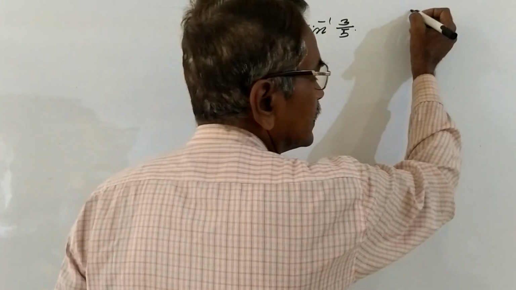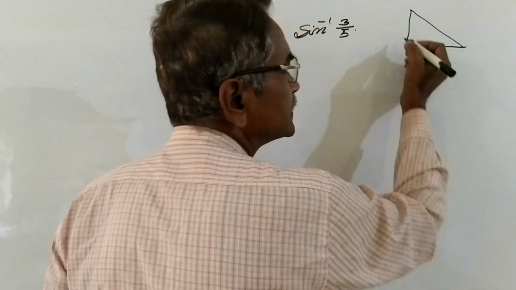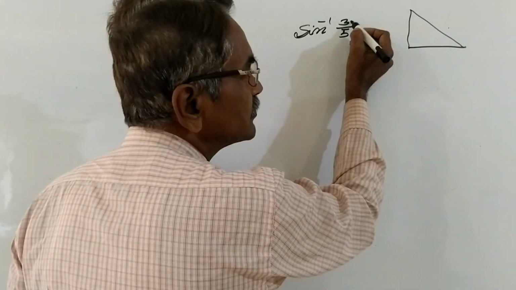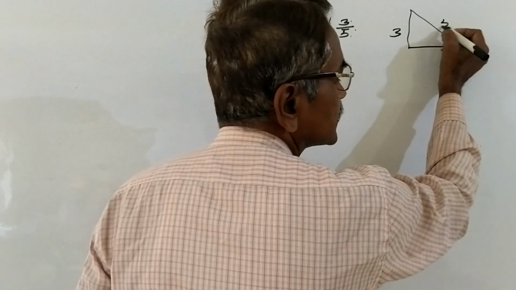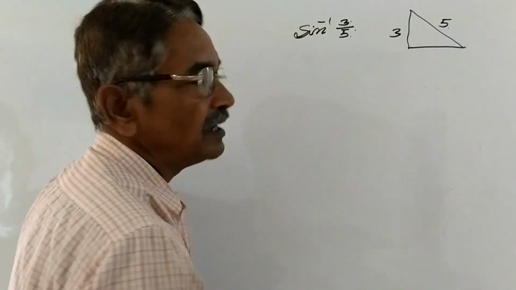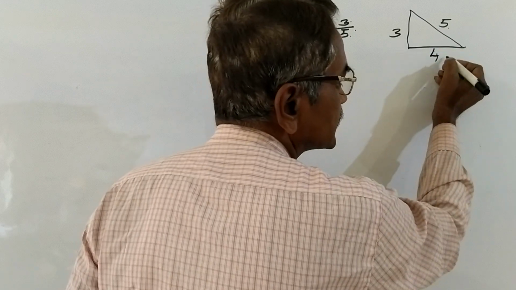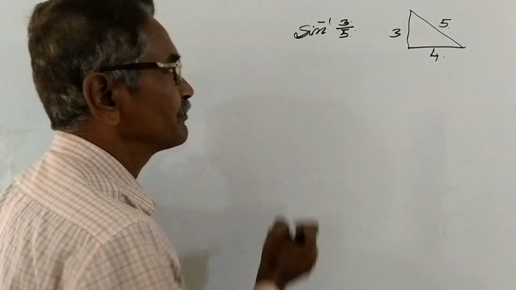Now see here, draw a right triangle. Sin theta is perpendicular by hypotenuse. So perpendicular is 3, hypotenuse is 5. This is 3, this is 5. Use Pythagoras theorem to obtain the base. This will become 4 after using Pythagoras theorem.